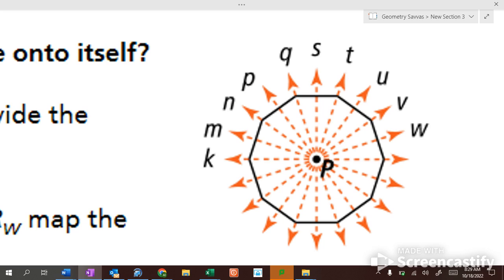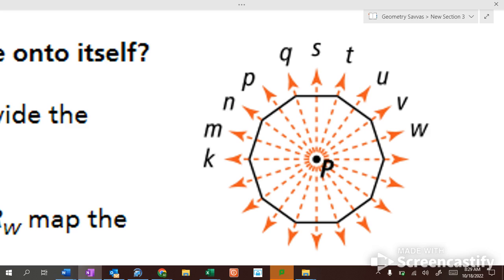We can fold it like this, we can fold it like this, we can fold it like this, and so on. There are 1, 2, 3, 4, 5, 6, 7, 8, 9, 10 lines of symmetry for a decagon. A decagon will have 10 lines of symmetry, okay? Because you can fold it 10 different ways across itself.